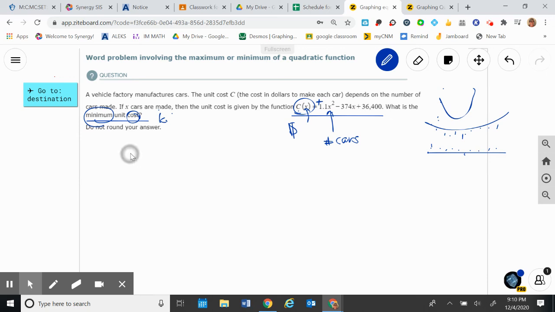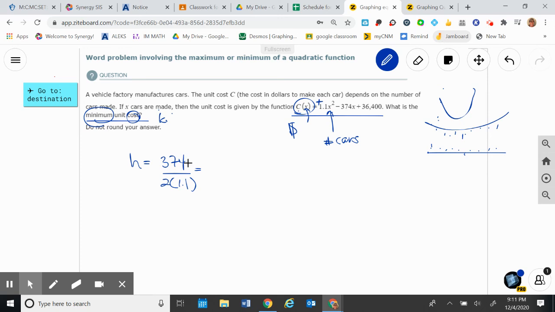If you wanted to, just plug that into the graphing calculator and get the vertex. But if you want to do it old school, it's 374 over 2 times 1.1. You plug that into your calculator. I'm going to use my phone calculator, you guys, because you can use your phone too. 374 divided by parentheses, 2 times 1.1, because I'm on an iPhone calculator.